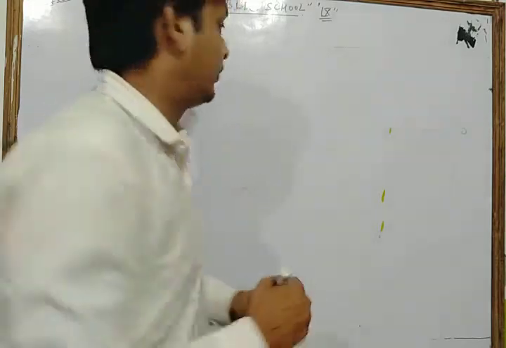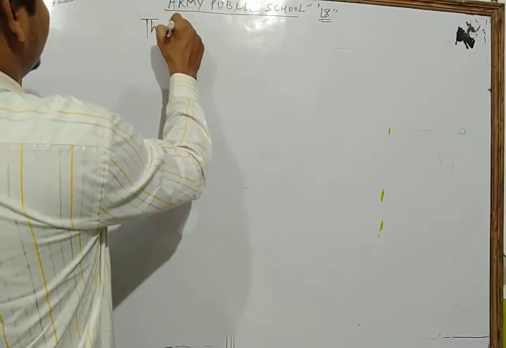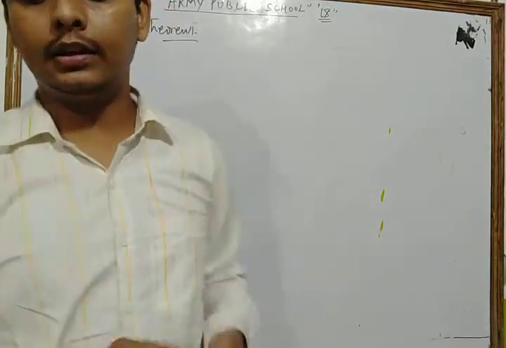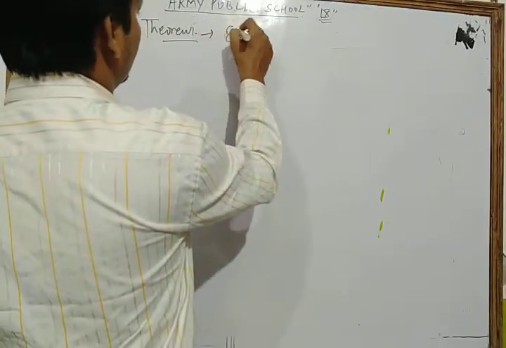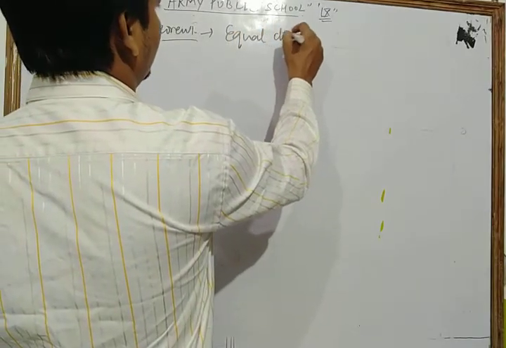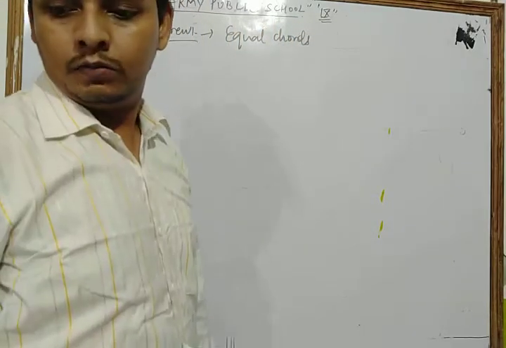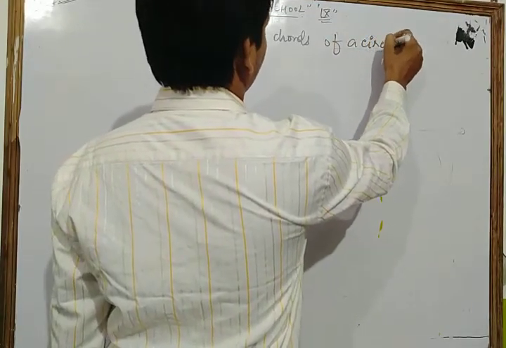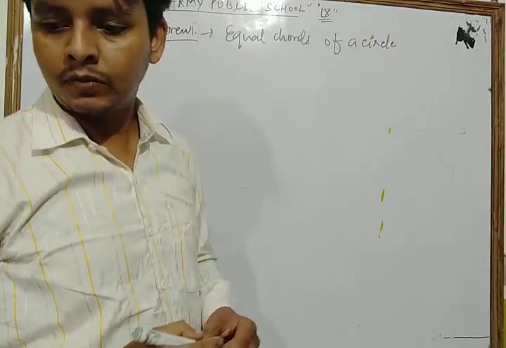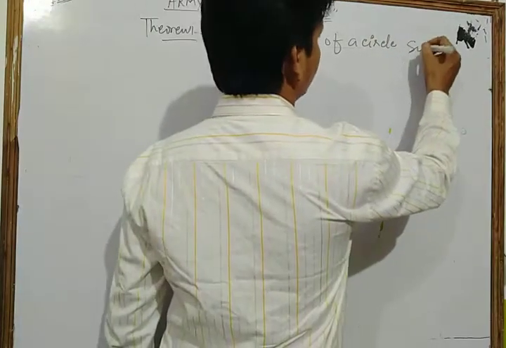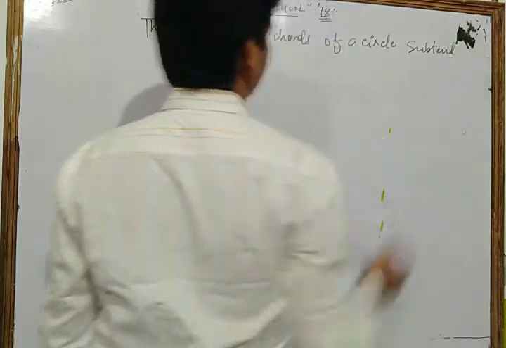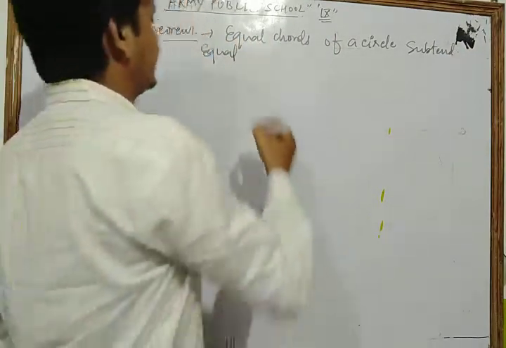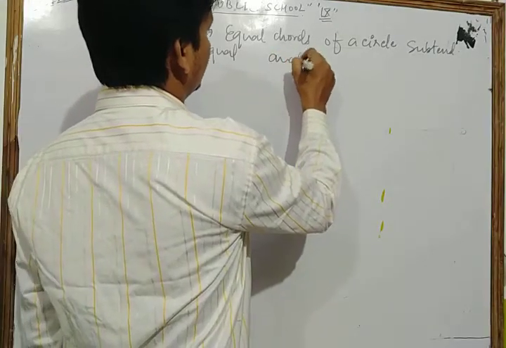Next, a very important theorem. This is also very important. Equal chords of a circle subtend equal angles at the center.